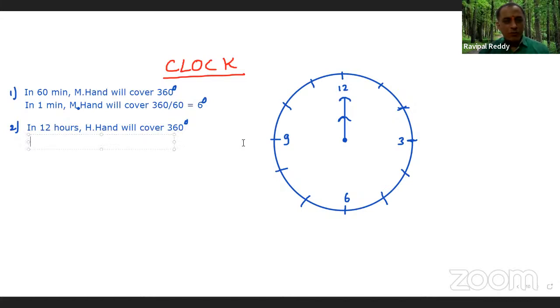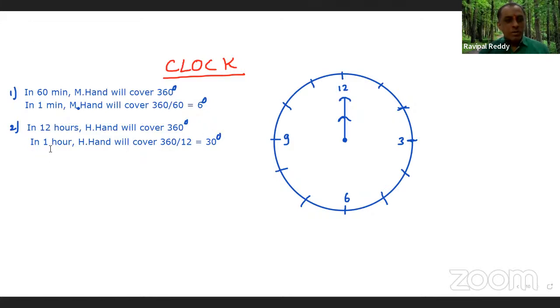Next one, in 1 hour, the hours hand will cover 360 by 12, which is equal to 30 degree.